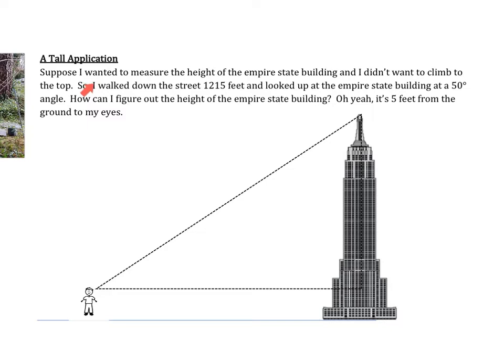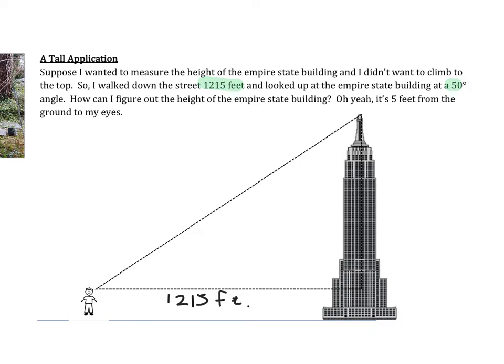We don't want to climb to the top, so we walk down the street from the Empire State Building, and we're going to go 1,215 feet away, all right? So we walked 1,215 feet away from the Empire State Building. And then let's suppose that I look up at a 50-degree angle, all right?